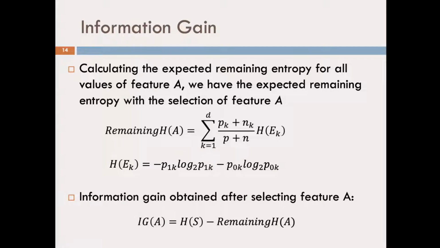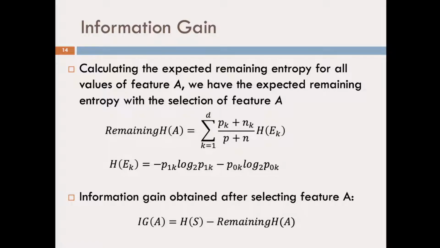So after getting the remaining entropy of a given feature, this remaining entropy is just the summation of all the entropies of the subsets after dividing the initial set using a feature. Okay, then we subtract this entropy after selecting the feature from the entropy of the whole set.